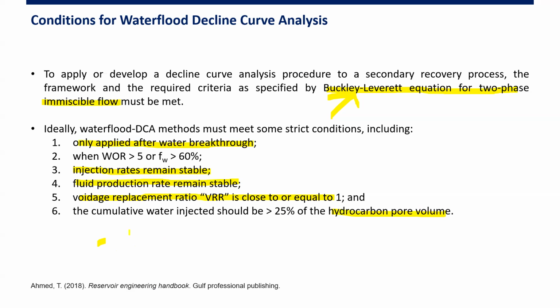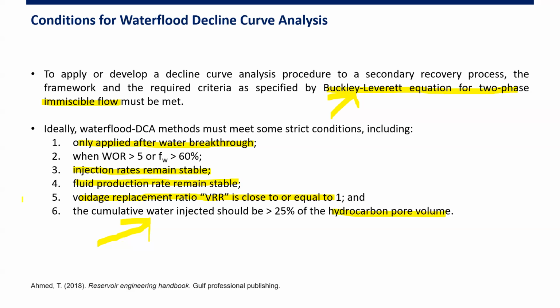All right, it's quite strict, but you can find all of these conditions met during the production history. Okay, although it's not very ideal, still, practically speaking, you can take that period of time to perform the decline curve analysis, where these conditions are met.